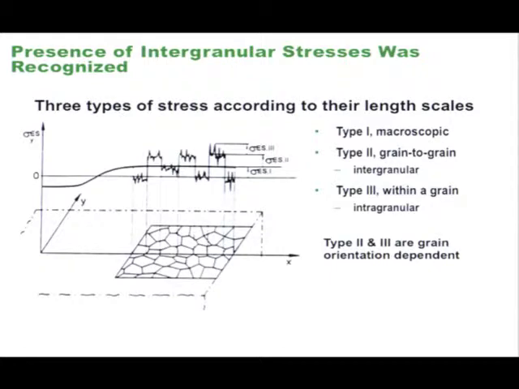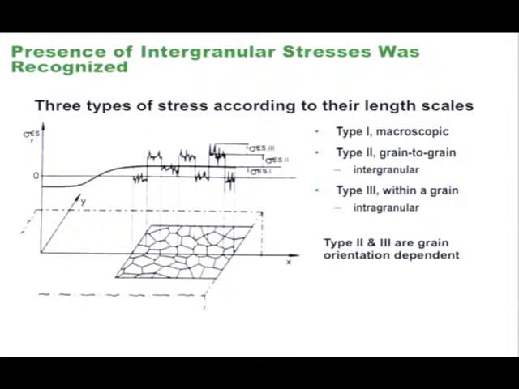So sooner or later, people started looking into what exactly is being measured by neutron diffraction, or X-ray diffraction for that matter. So it turns out it is actually quite complicated. I mean, the stress distribution in the real material is not that simple. It depends on the length scale, how you want to characterize it.